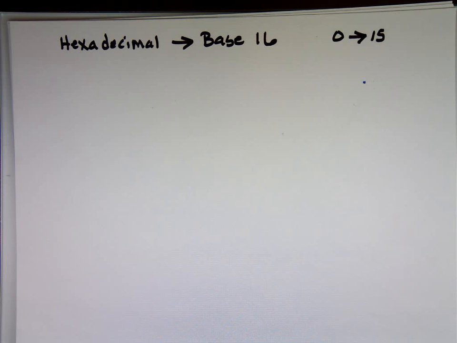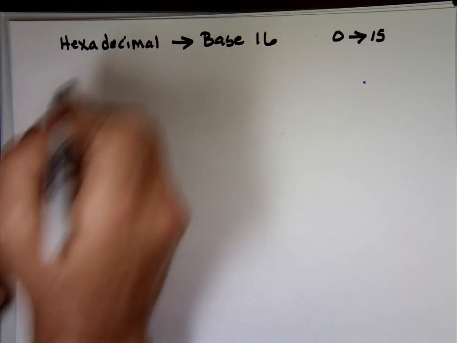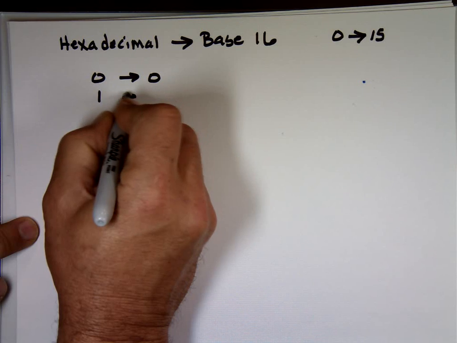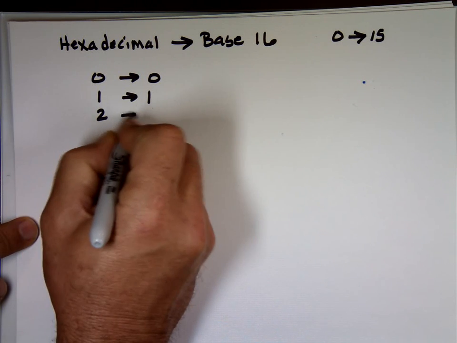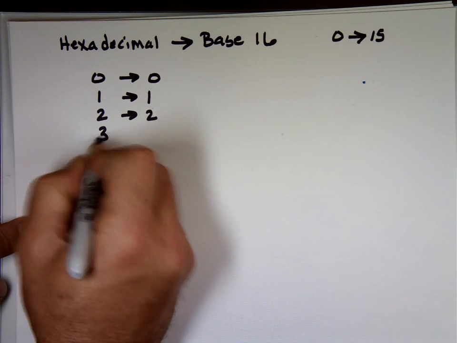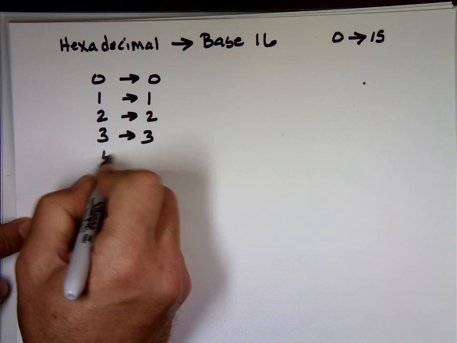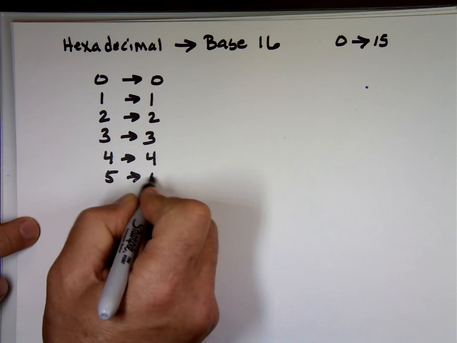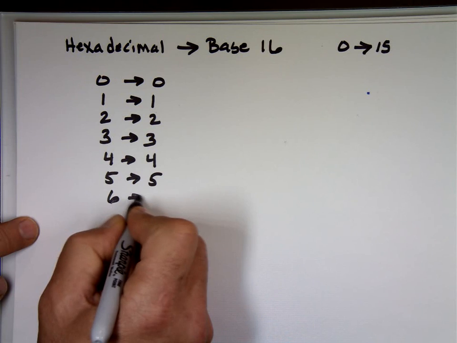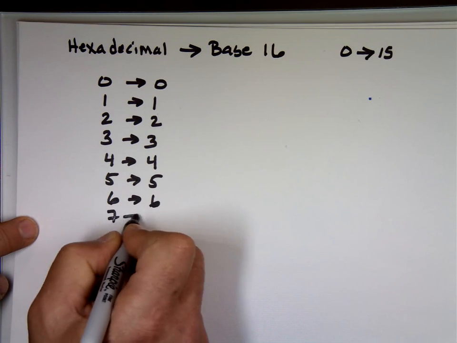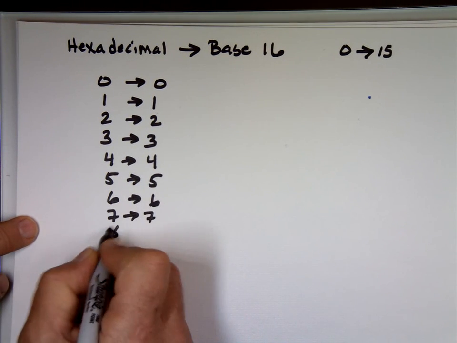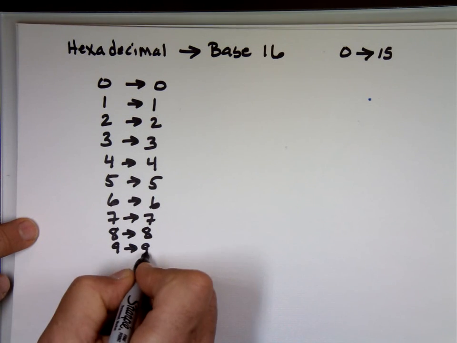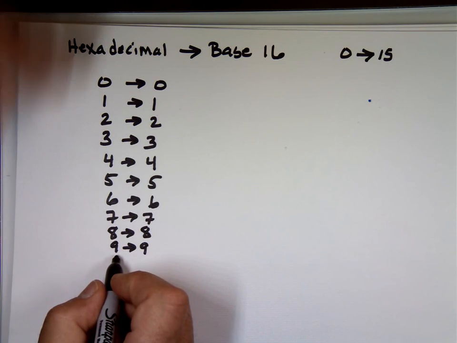So we use 0 for 0, 1 for 1, 2 for 2, 3 for 3, 4 for 4, 5 for the digit 5. We'll use 6 for the digit 6, 7 for 7, 8 for 8, and here's the problem. When you hit 10, what are we going to use?